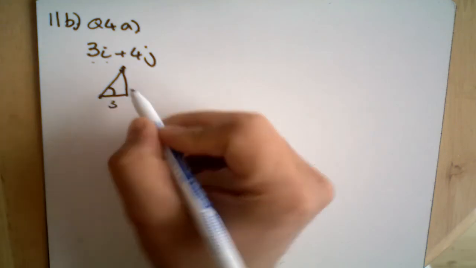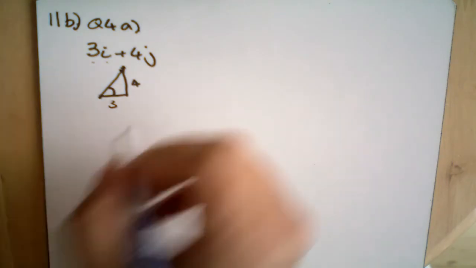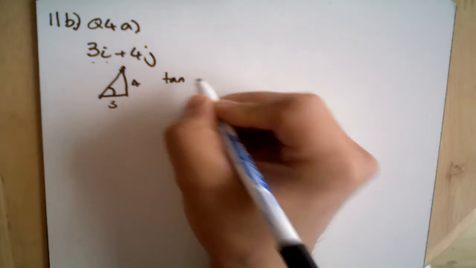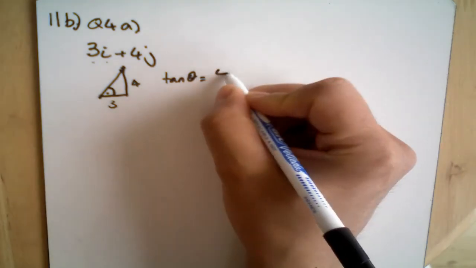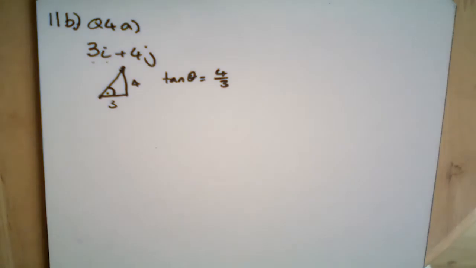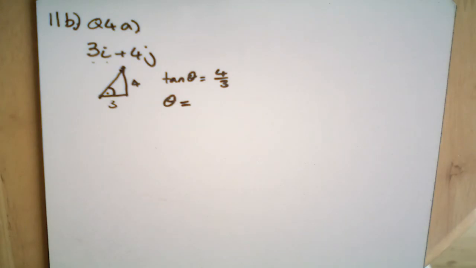I know that this was length 3 and this was length 4, so I go through some trigonometry and I find that the tan of this angle here, let's call that theta, is equal to opposite over adjacent. So that should give me the value of theta. I'll grab a calculator out.